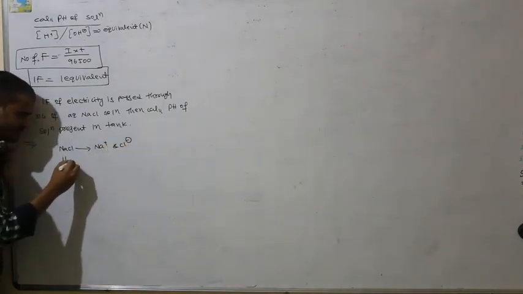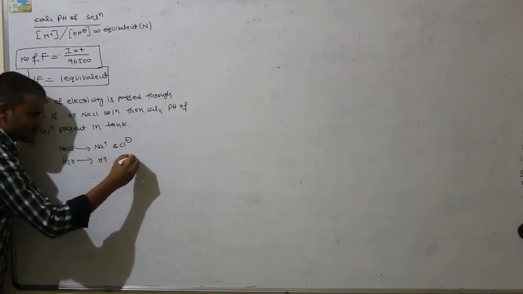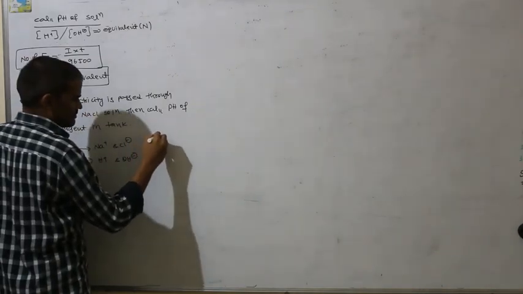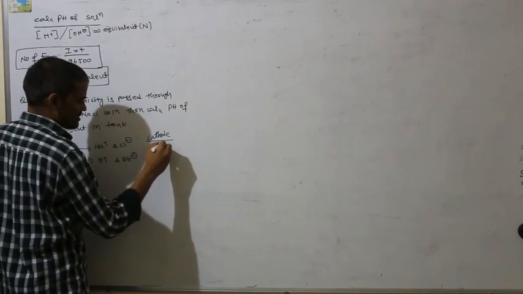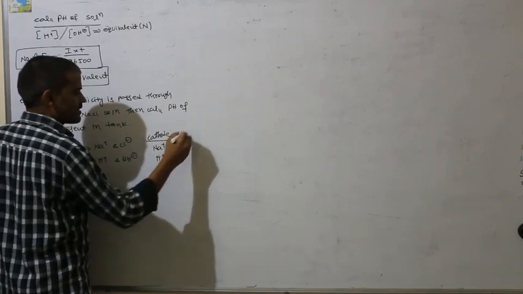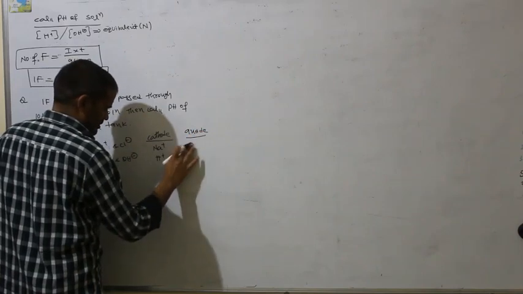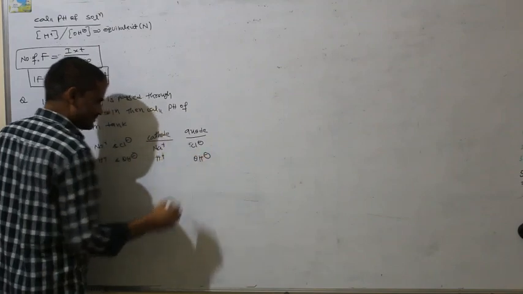Water also will split to give H plus and OH minus. So now at cathode we will have Na plus and H plus. At anode we will have Cl minus and OH minus.